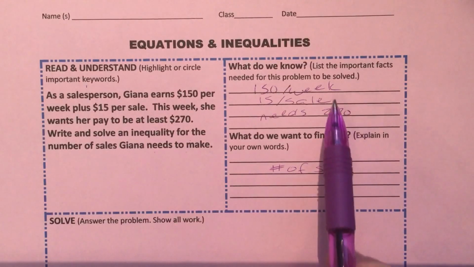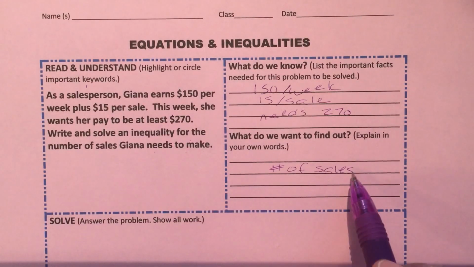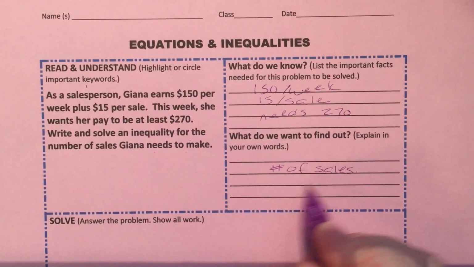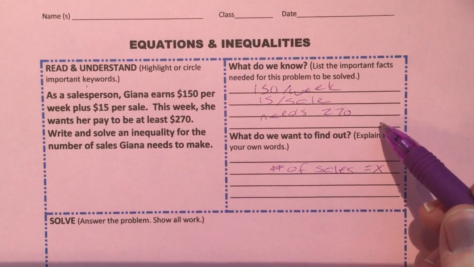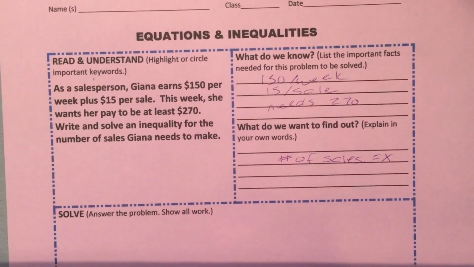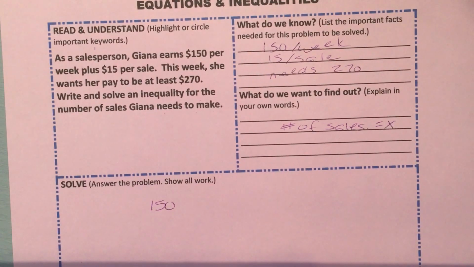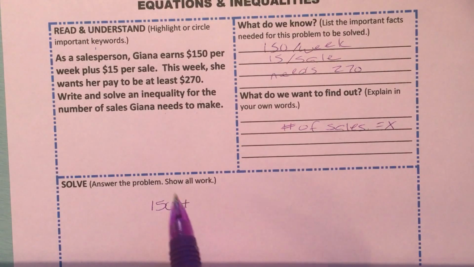The information that we know and the information that we want to find out will help us write our inequality. The thing we want to find out will be our variable. So the number of sales will be x. She earns $150 per week, plus $15 per sale.